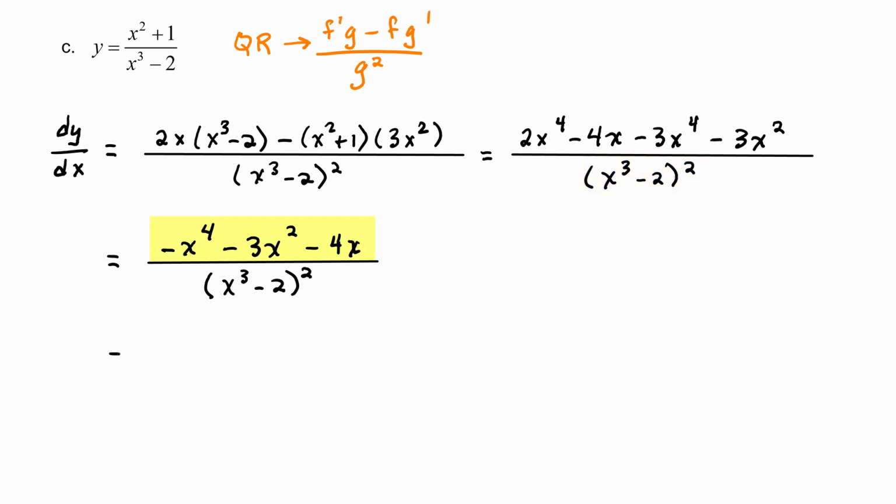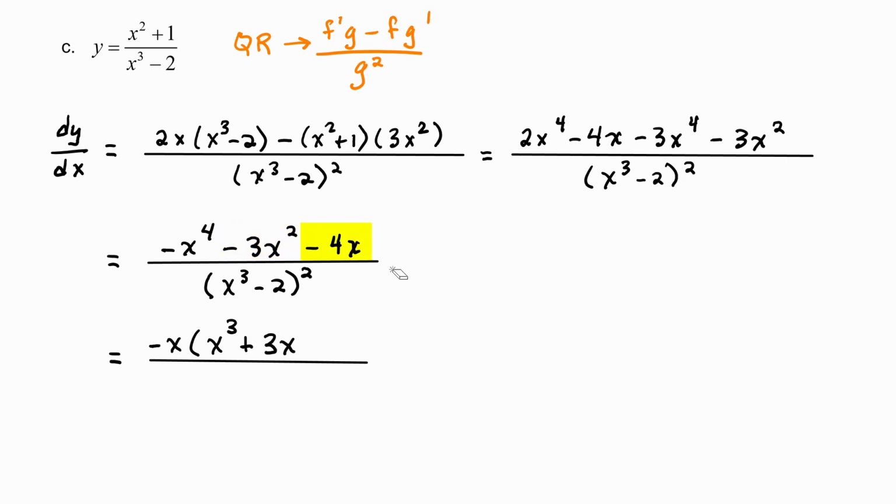Now here we can factor out a negative x. So negative x times the quantity. From the first term we would get x cubed. From this second term we've already factored out the negative, so this becomes plus 3x.